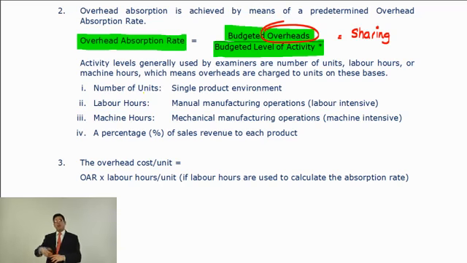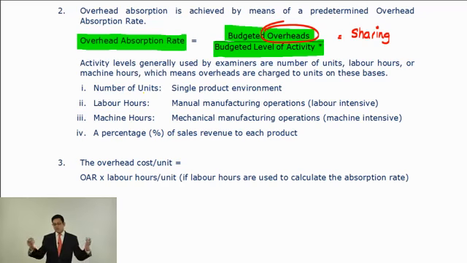So when the organizations were simple, small and less competitive, we used to get away with it. We could apply absorption costing, because overheads were small and product lines were few, so the method was working somehow.